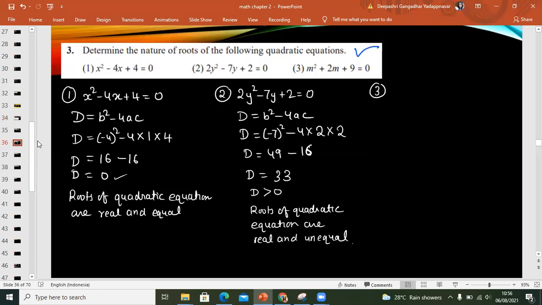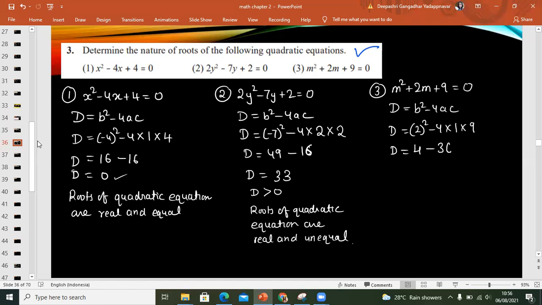Next, third question, m square plus 2m plus 9 equals 0. Here discriminant equals b square minus 4ac, D equals b value is 2 square minus 4 multiply 1 multiply 9. 1 is in front of m square, so D equals 2 square is 4 minus 4 times 1 is 4, 4 times 9 is 36.